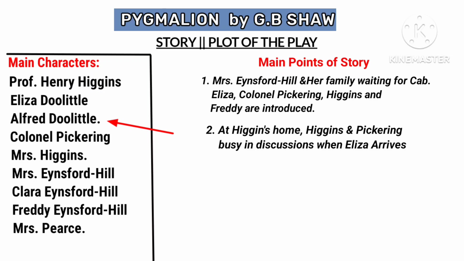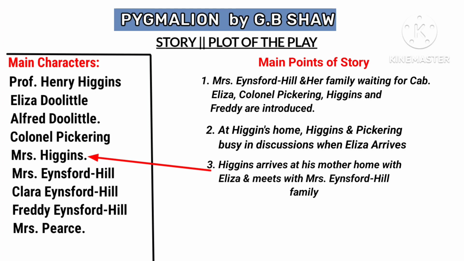Then Alfred Doolittle returns. Then sometime later, Higgins brings Eliza to his mother's house on a certain day, and on that day there was Freddie and his mother and his sister present. When they meet Eliza Doolittle, they are surprised at her appearance.